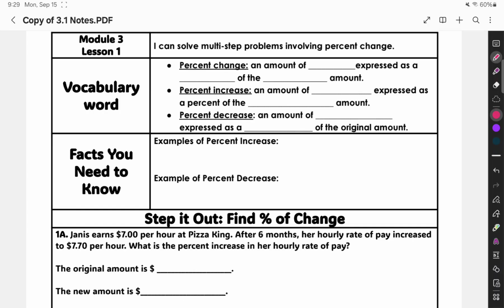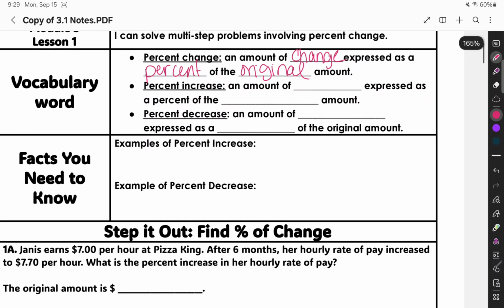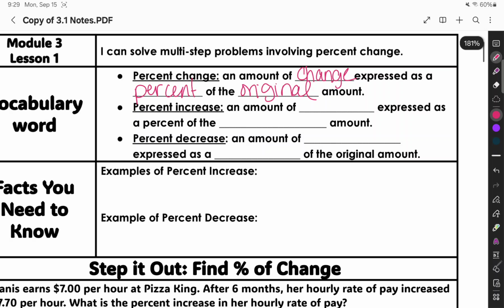The first one is percent change, which is an amount of change expressed as a percent of the original amount. When we have a percent of change, we're looking at either a percent of increase or a percent of decrease. Anytime you have a change in an amount, you also have a change in percent.